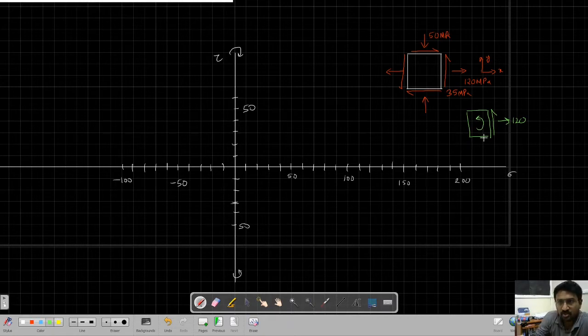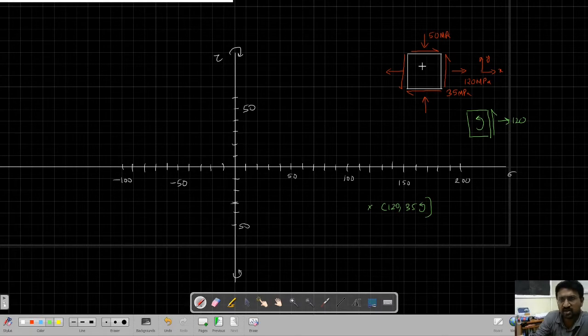So my stresses are 120 MPa tensile, so 100, 10, 20, this is 120 MPa. And anti-clockwise shear of magnitude 35 MPa, so this is 10, 20, 30, 35. Okay. So this point is nothing but 120, 35, where 35 is in the anti-clockwise direction. So this is one point.